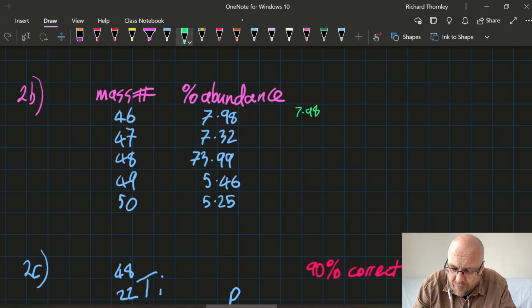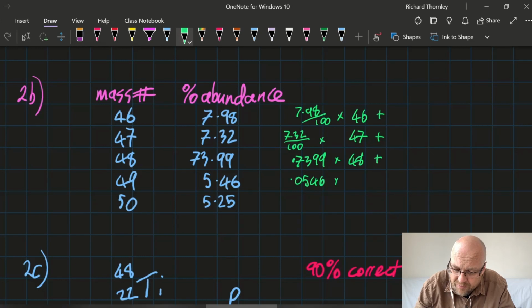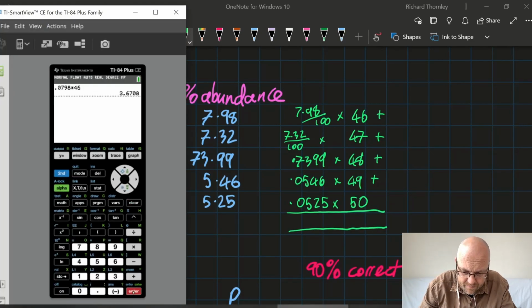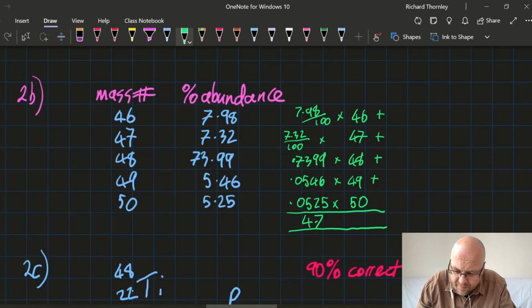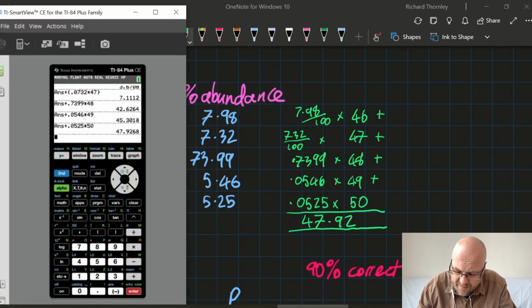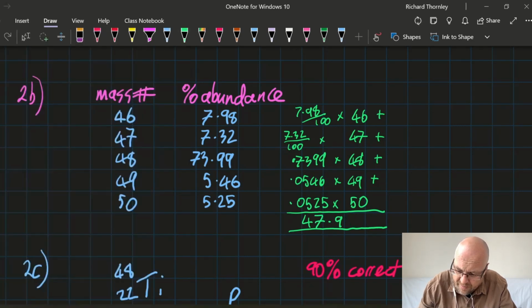So I've got 7.98% of them are 46, plus 7.3. So I've got a 47.92, 93.